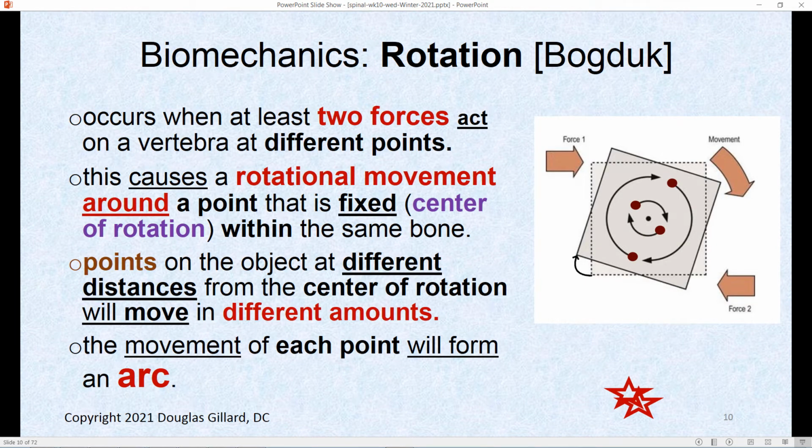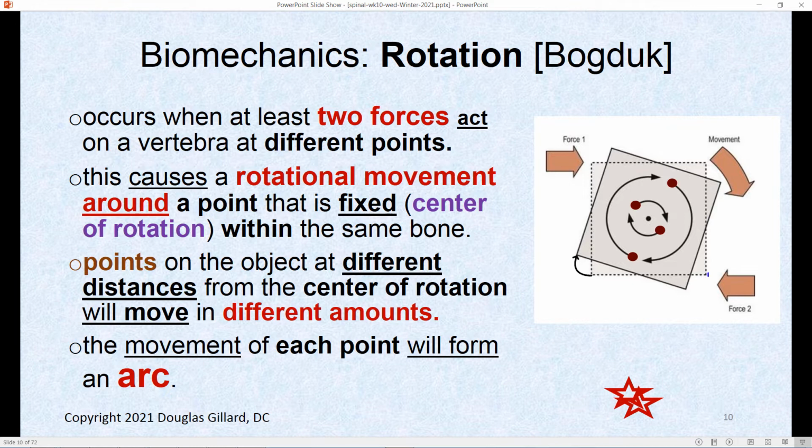Now rotation occurs when at least 2 forces act on a vertebrae at different points, and that causes a rotational motion. So in this cartoon, we have one force pushing this corner, and we have one force pushing this corner. Now they don't have to be 2 pushing forces.